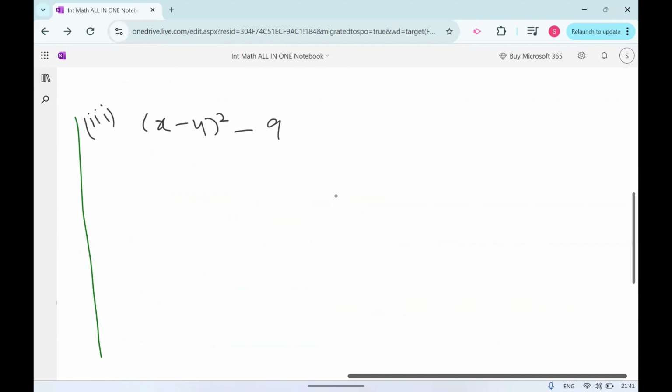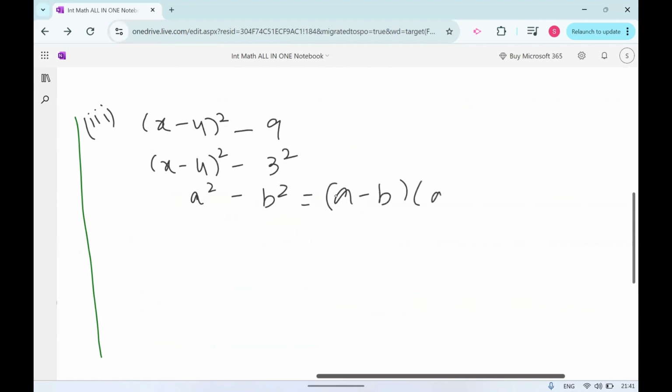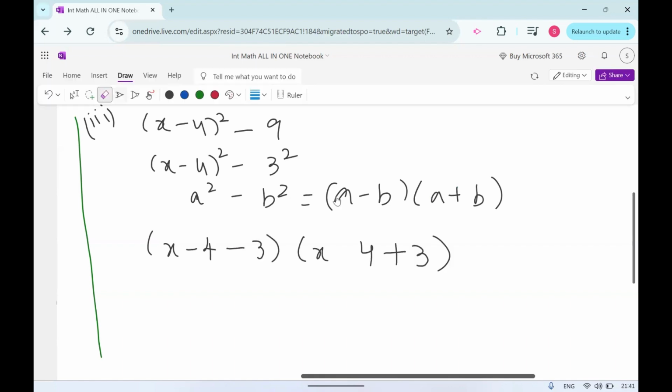So you can visualize this as x minus 4 whole square minus 3 square, which is a square minus b square, and it can be written as a minus b, a plus b. And this is going to be x minus 4 minus 3, and x minus 4 plus 3.